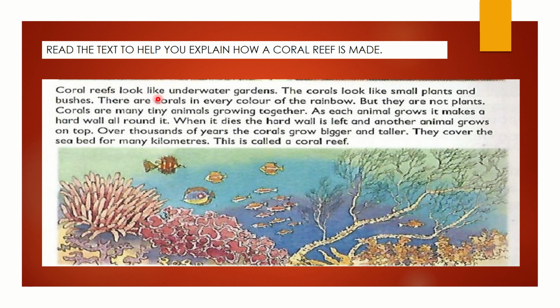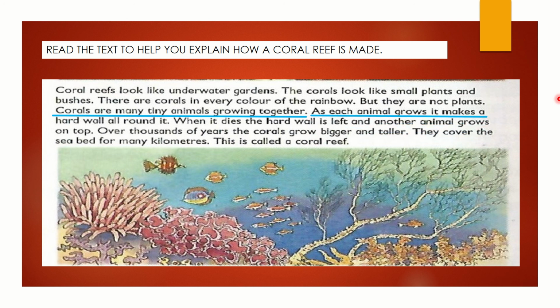Coral reefs look like underwater gardens. The corals look like small plants and bushes. There are corals in every color of the rainbow, but they are not plants. Corals are many tiny animals growing together.